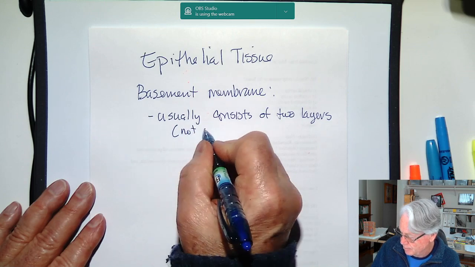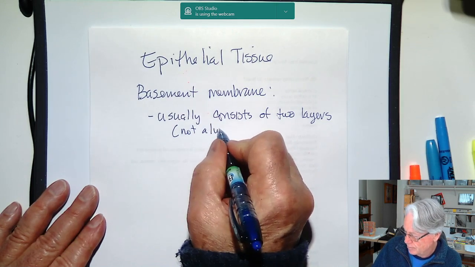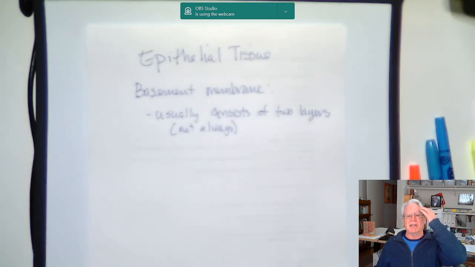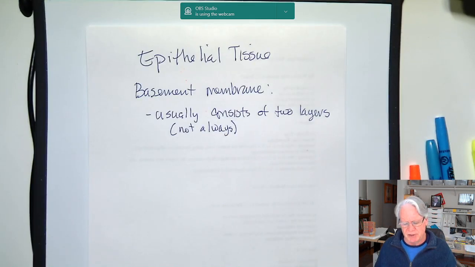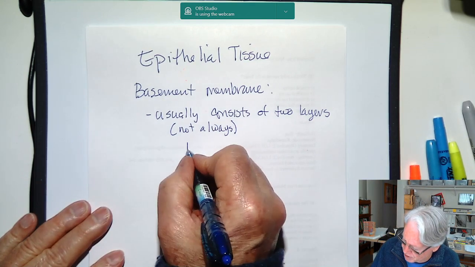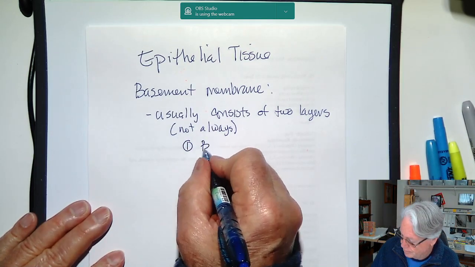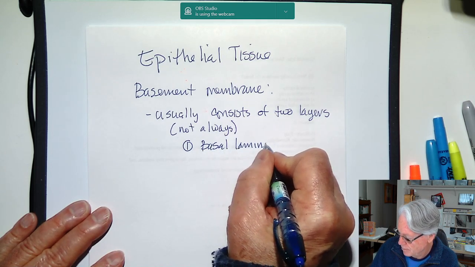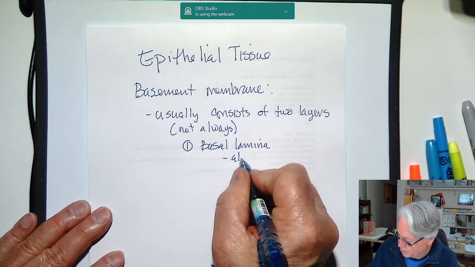Not always. Sometimes we have an extremely thin basement membrane, in which case it would only have a single layer. The basal lamina will always be present. Always present.